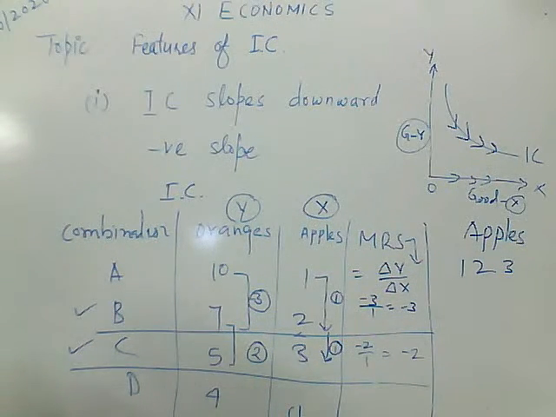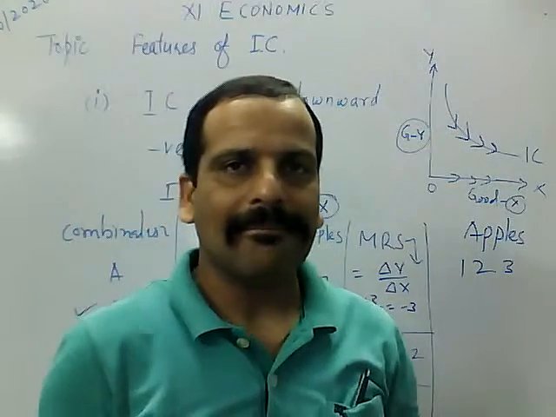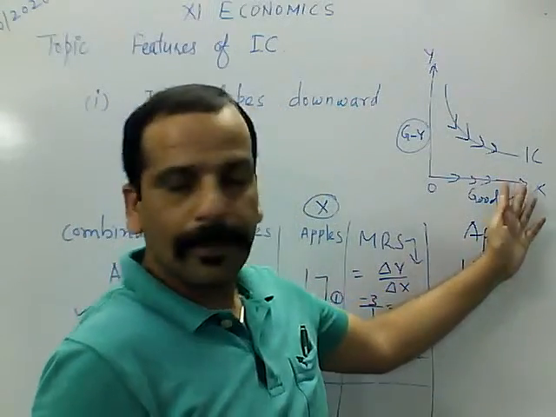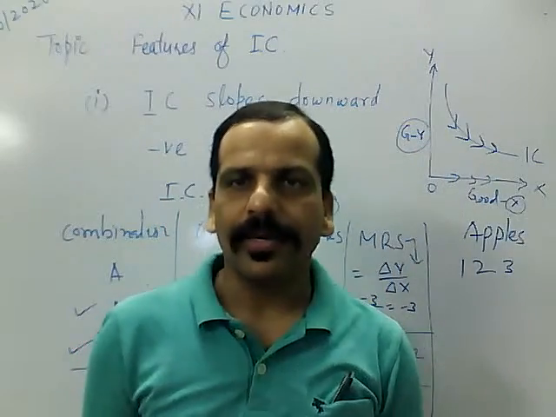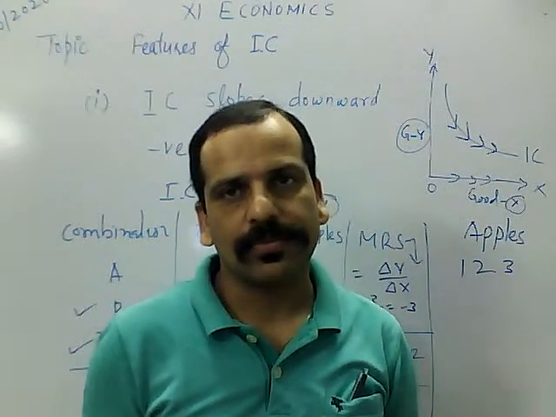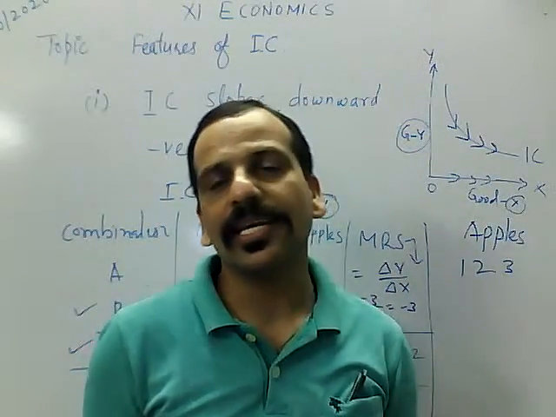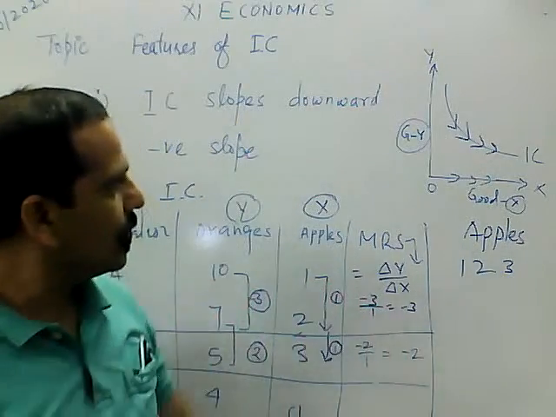Understood? Any query? So it is gain at the cost of loss, and the loss is more than the gain.